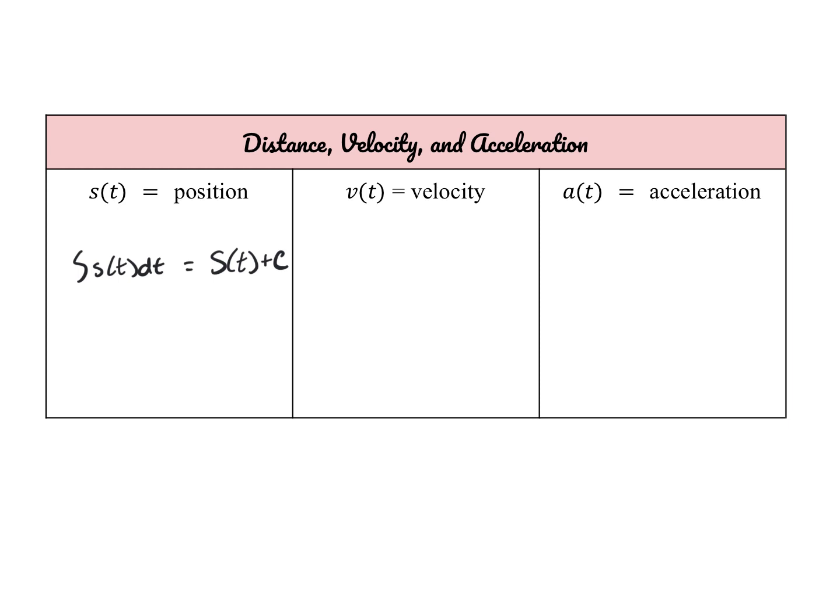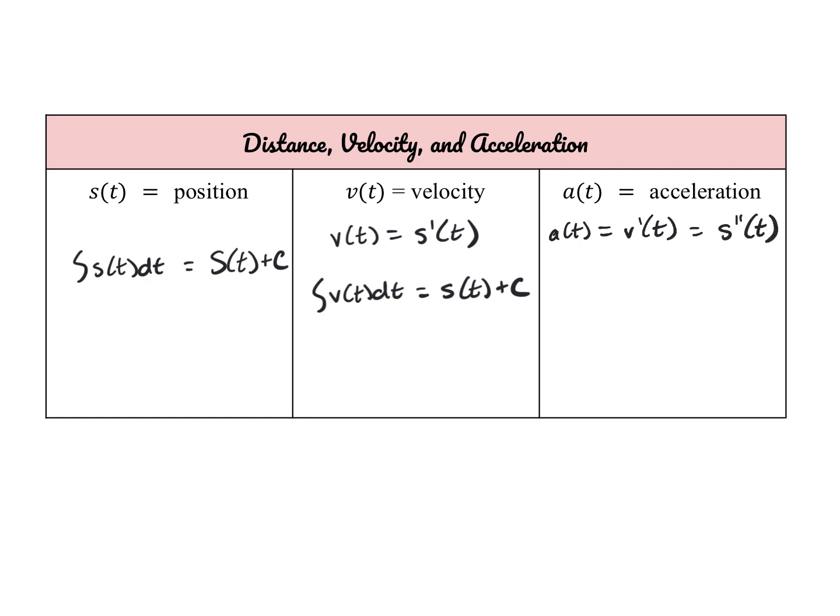But for the velocity function, we know that velocity is the first derivative of our position function. So if we take the integral of our velocity function, it's actually just our position function, and we still have the plus C because we always need that constant of integration when we have an indefinite integral. And then if we're thinking of acceleration, we know that acceleration is the first derivative of velocity. It's the rate of change of velocity, which would make it the second derivative of position.